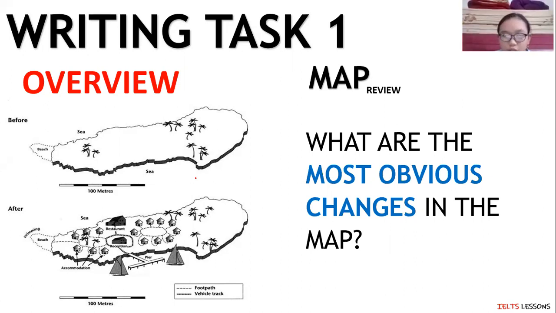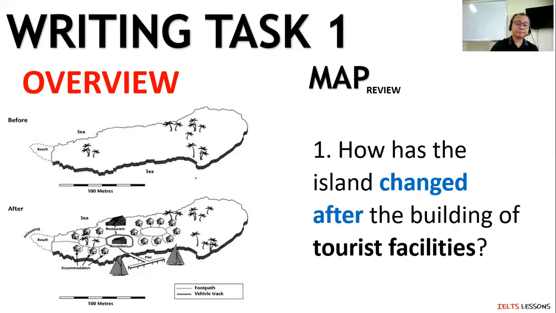The obvious change here is that the facilities had been changed. Very good. So very clear, right? There have been facilities added to the island. And next, how has the island changed after building the tourist facilities? Xiang, how has it changed? How has it developed? It developed more.